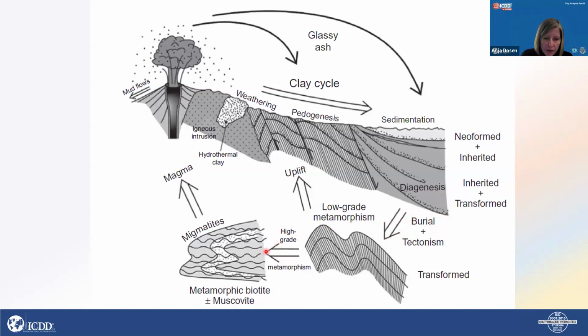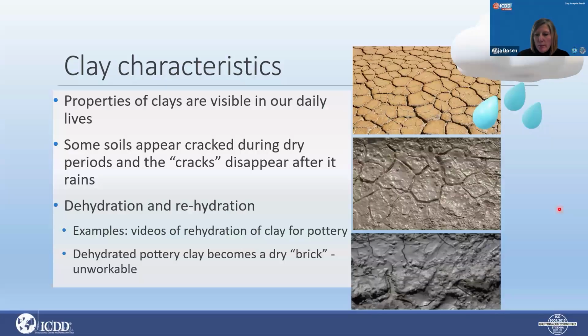And then if we get to higher grade metamorphism, we'll get formation of different phyllosilicates, like micas, for example muscovite and biotite. And then, as whatever has been buried and metamorphosed gets uplifted, weathering again takes control of these processes and starts forming clay. So that's the cycle.